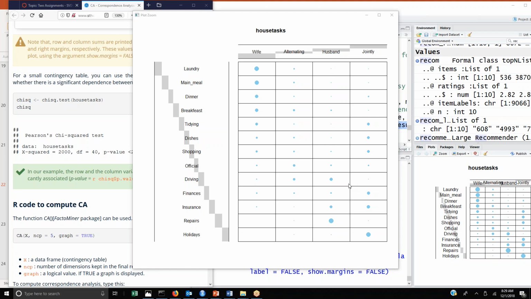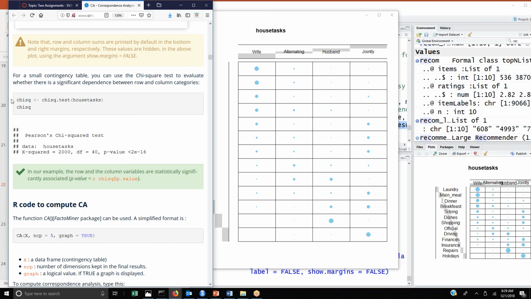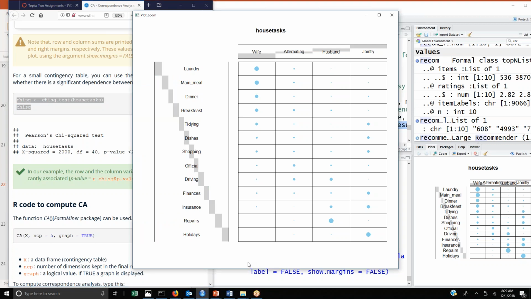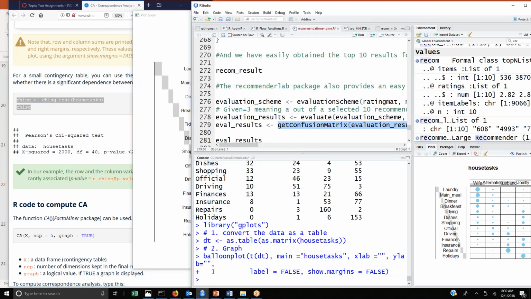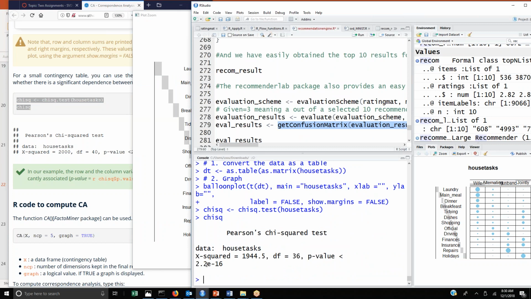We don't say relation, but usually, is there association between rows and columns? That is done by what is called the Pearson chi-square test. We will do that, and the p-value will tell us whether there is some relationship between rows and columns. So let's do that.